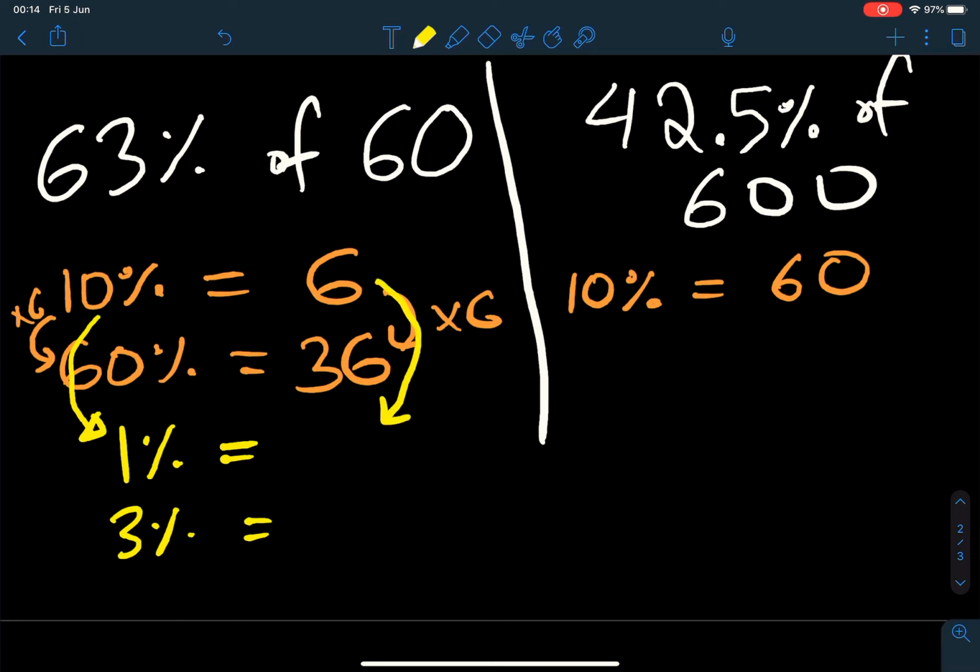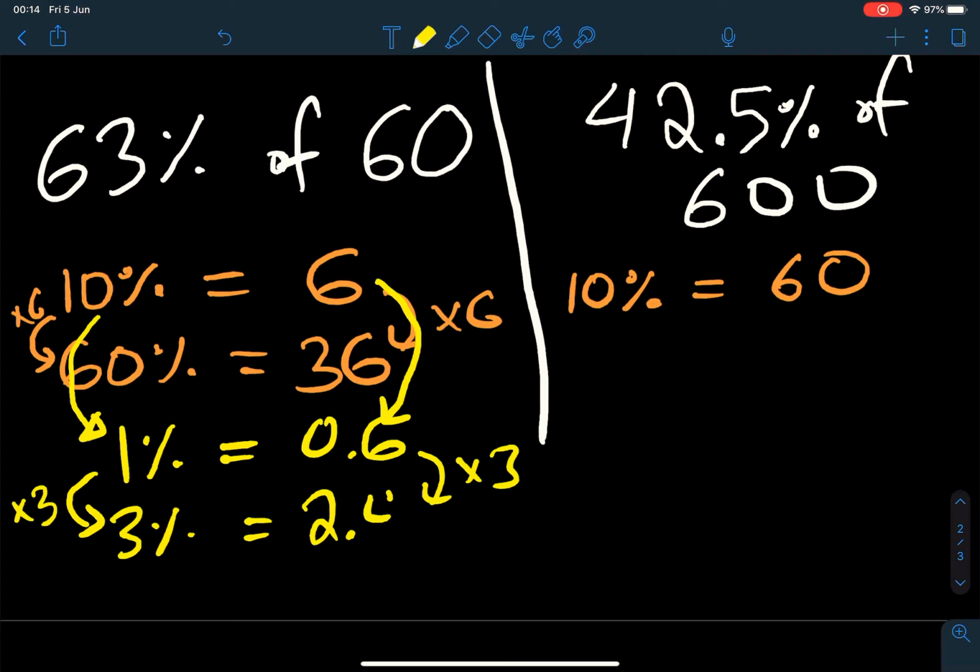If 10% divided by 10 is 1%, 6 divided by 10 is 0.6. How do I get from 1% to 3%? I times it by 3. So therefore I times it by 3 here as well. 0.6 times 3 is 2.4.